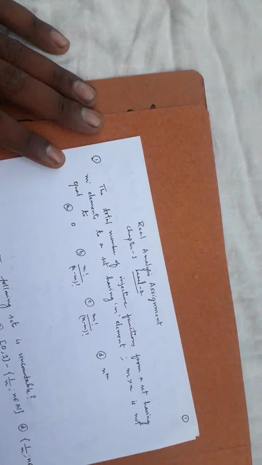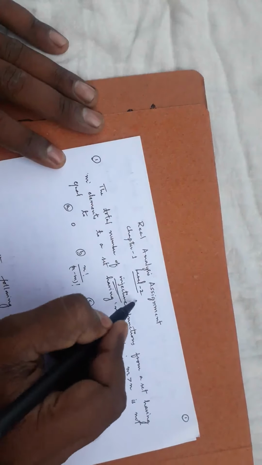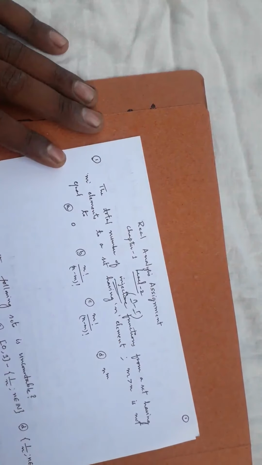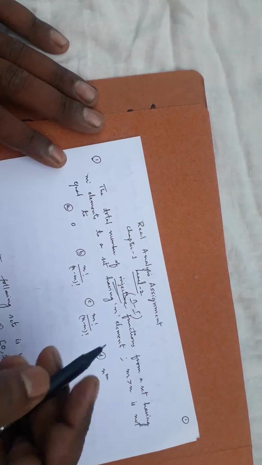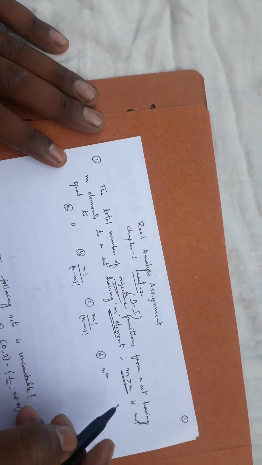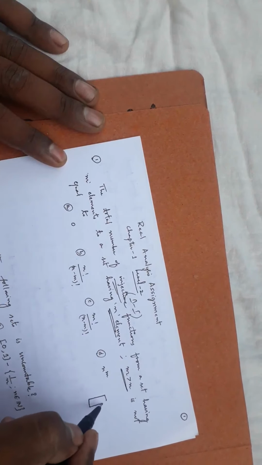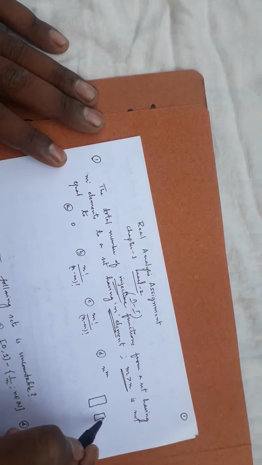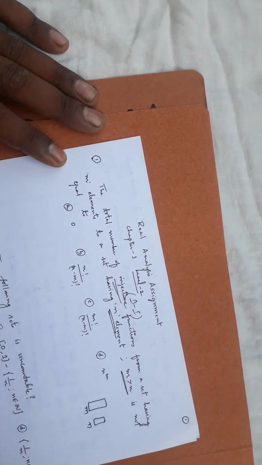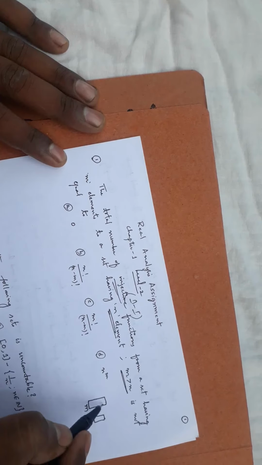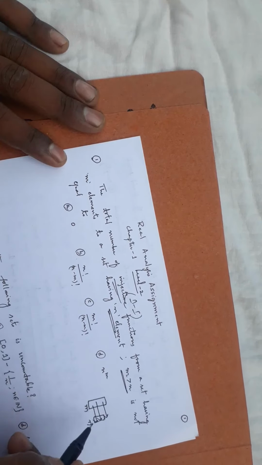The first question is the total number of injective functions, meaning one-one functions, from a set of m elements to a set having n elements, where m is greater than n. The situation is m greater than n, so a one-one function is not possible at all.